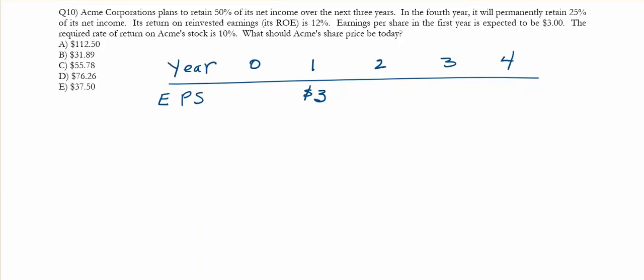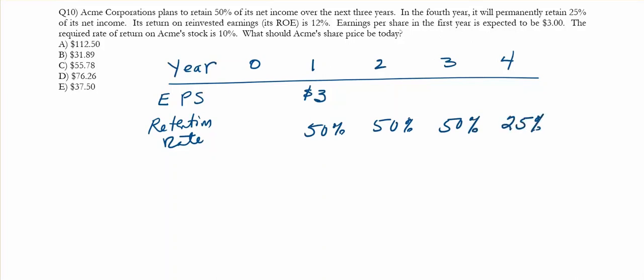The retention rate will be 50% for 3 years. And then after 3 years, it'll be 25%. Now we're going to use the growth rate formula, which will be the retention rate times the ROE.